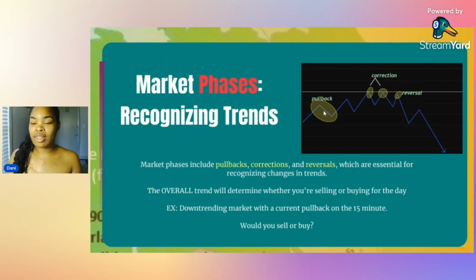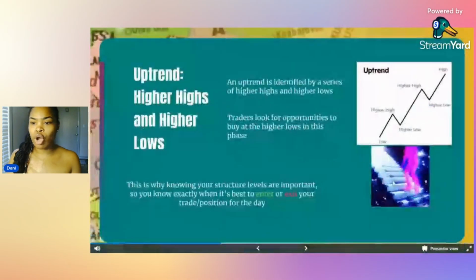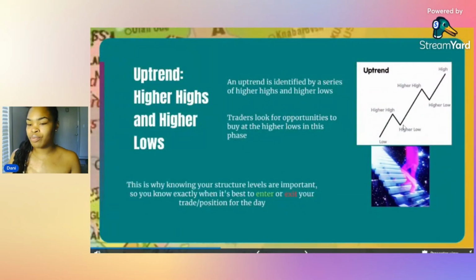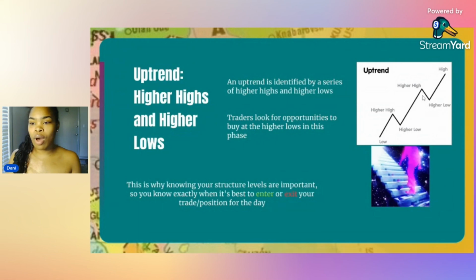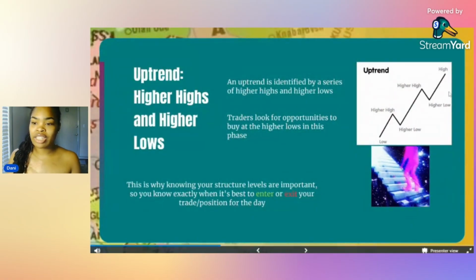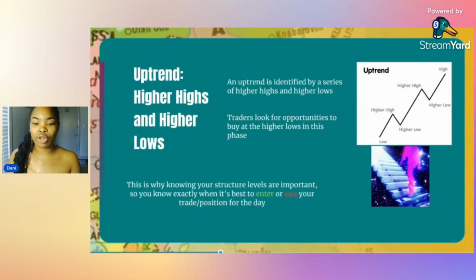With the phases of an uptrend, you have what's very common, which are called pullbacks, because the market does not just go up. It goes up a little, then down, then up a little, then down, to then repeat itself. However, it's creating higher highs and higher lows.